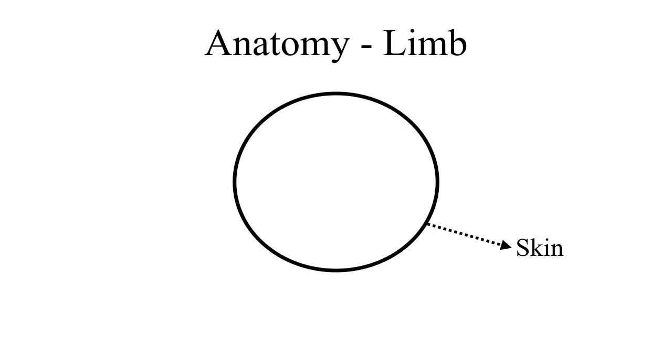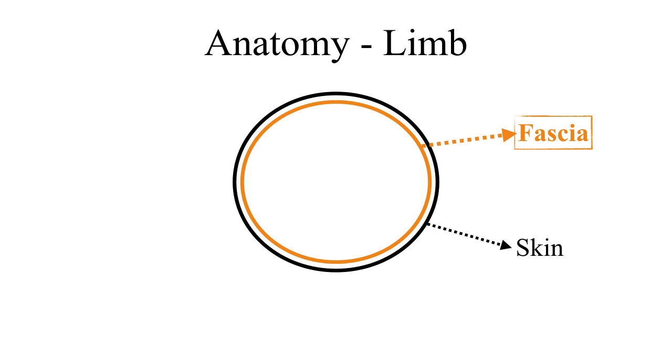The outermost layer is formed by the skin. The layer underneath is the fascia. This orange layer, the fascia, is the most important structure to understand compartment syndrome. It is an inelastic structure. That is, the fascia in the forearm and the leg does not stretch.